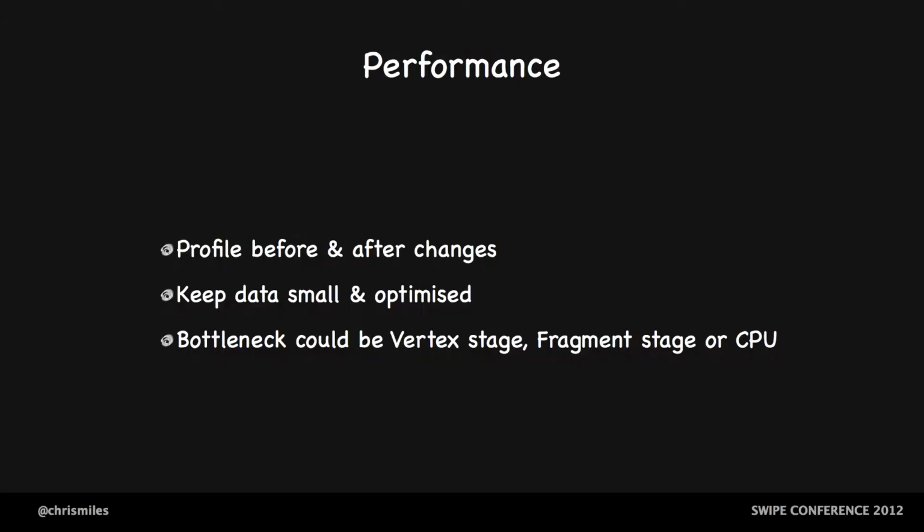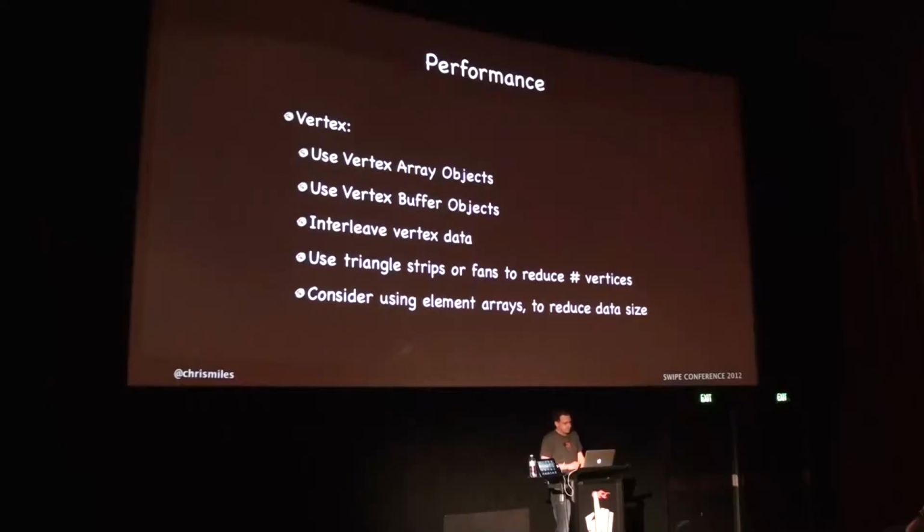Once you're processing less data, things are going to be rendered more quickly. And remember that the bottleneck is typically, and the easiest places for us to look are, in the vertex stage, could be in the fragment stage, or they can certainly be CPU bound. So you'd want to use your profiler to check where your problems are happening.